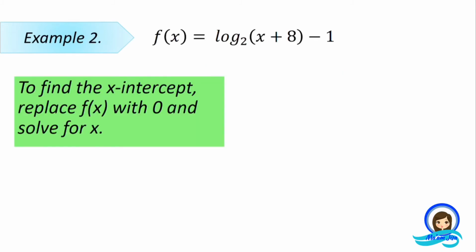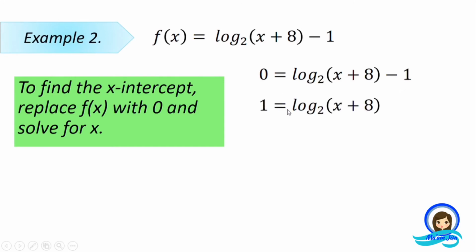To find the x-intercept, we replace f of x with 0 and solve for x. So in this case, do we need to transform this already into an exponential form? Not yet. We need to transpose this term to the other side. So we have here 1 equals logarithm of quantity x plus 8 to the base 2.